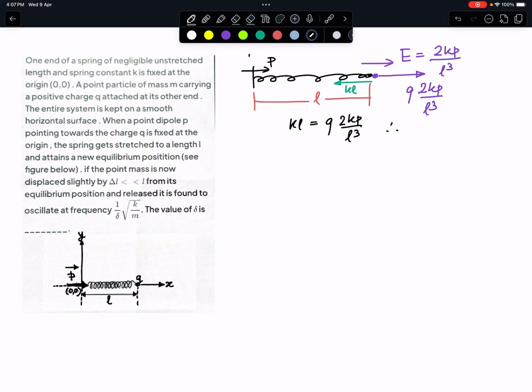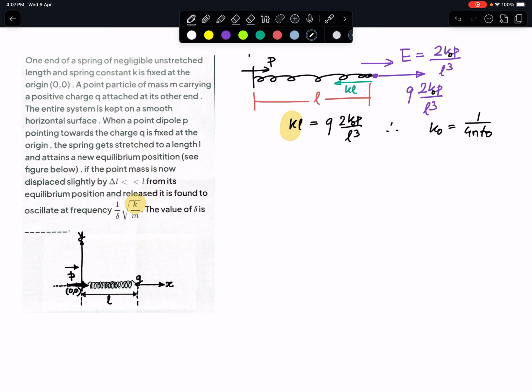I'll call this K naught, because you'll get confused. This K naught is the Coulomb constant, 1 by 4 pi epsilon naught. Otherwise, you have this small k, which is the spring constant given here also.